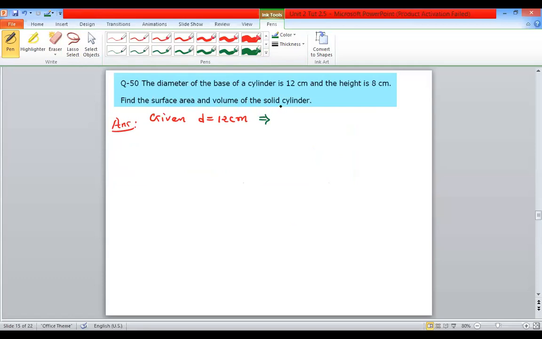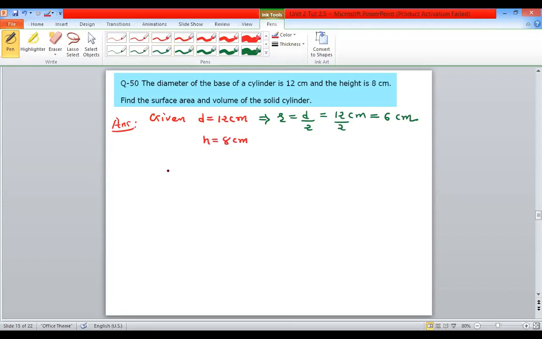So I convert the diameter into the radius. The radius is always half of diameter. So put the value of diameter, 12 centimeter, divided by 2. That means your radius is 6 centimeter. And height is also given, it's 8 centimeters.